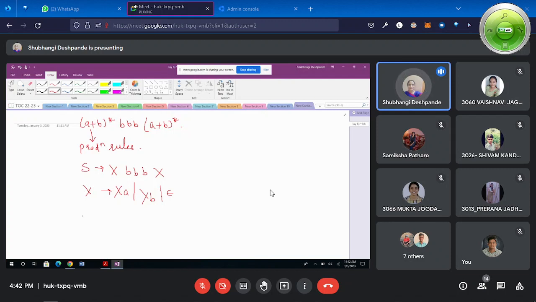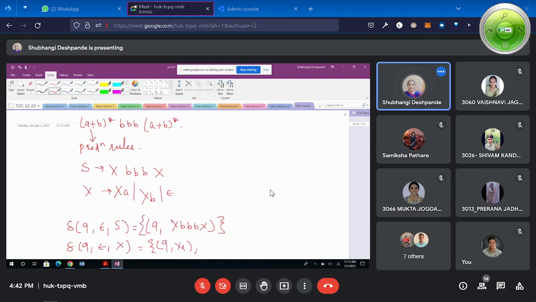Now you have the grammar, so you can write the PDA for it. How are you going to write it? Q epsilon S, which results into Q, XbX, right? And you have to write the curly brace every time for this. Or the second rule which you are going to write for Q epsilon X, and that is what?